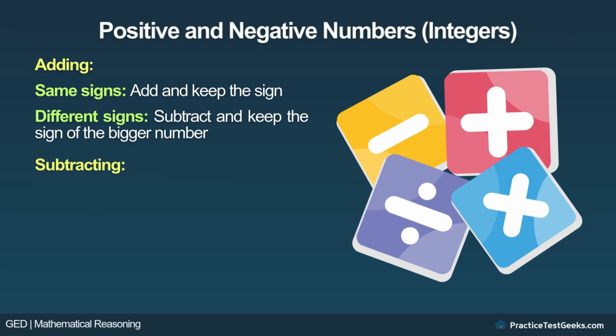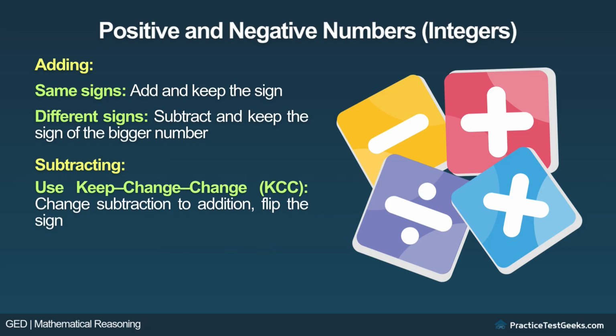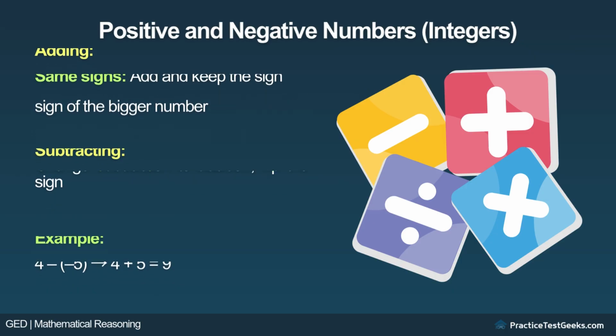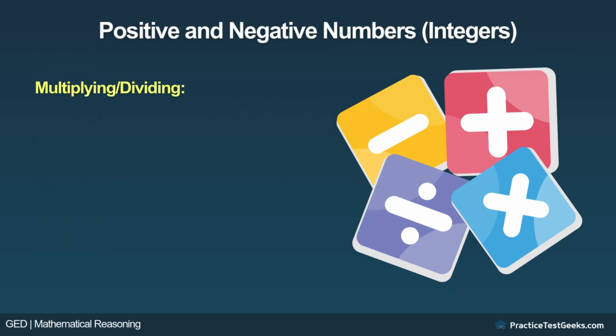When subtracting integers, use the method called Keep Change Change, KCC. Keep the first number, change the subtraction sign to addition, change the sign of the second number. Example, 4 minus -5 becomes 4 plus 5, which equals 9. When multiplying or dividing integers, if both numbers have the same sign, the result is positive.